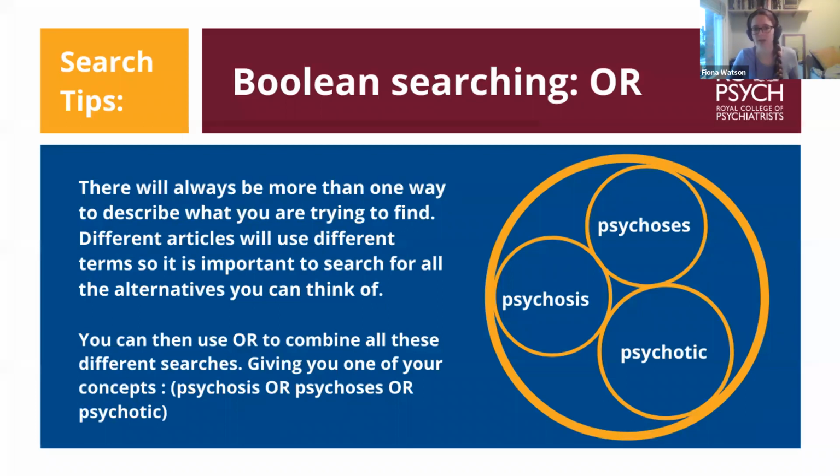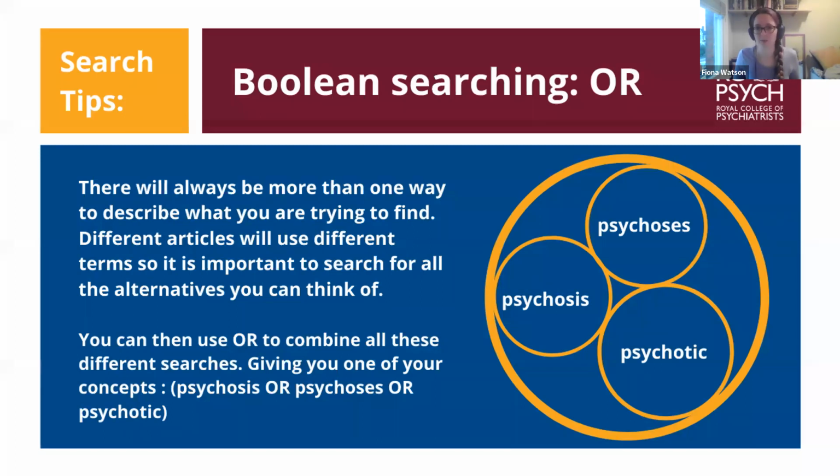And this is about translating your search into something your computer and your database will understand. So we know that when we search psychosis, we probably also want psychoses and psychotic, but your computer doesn't. So you do need to search all those terms separately. And then you can combine them with an OR to pull all your results together into one block of your concept without missing anything.